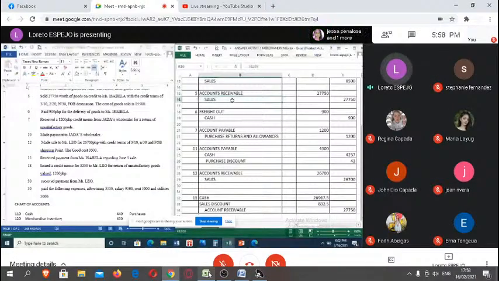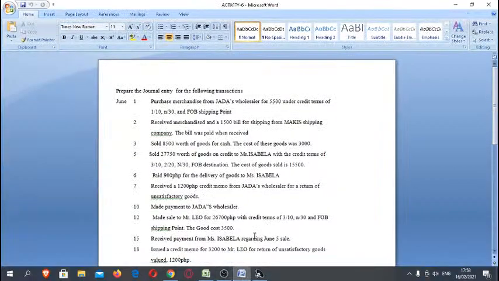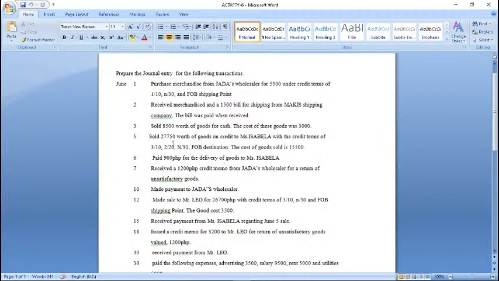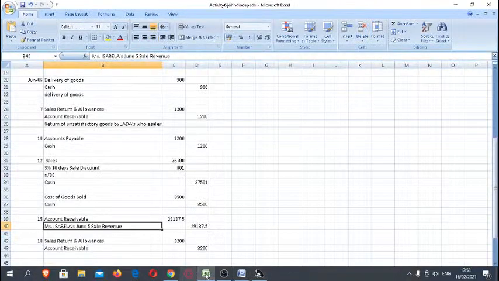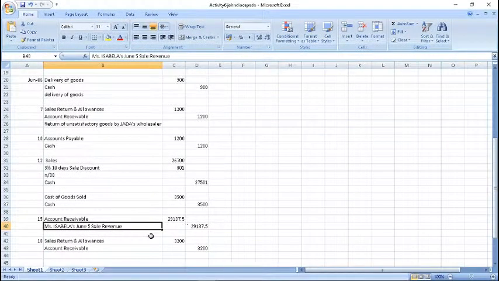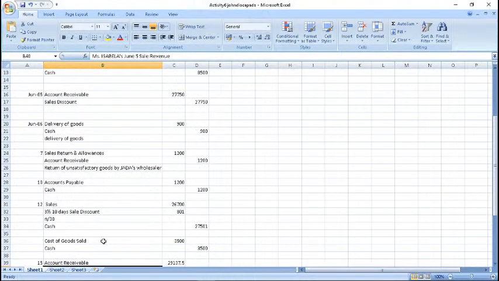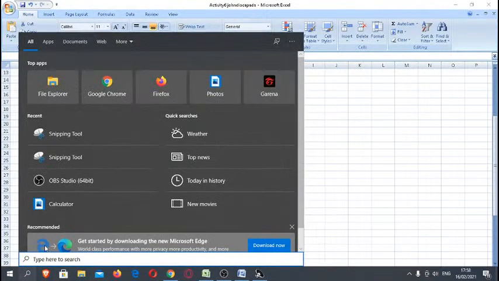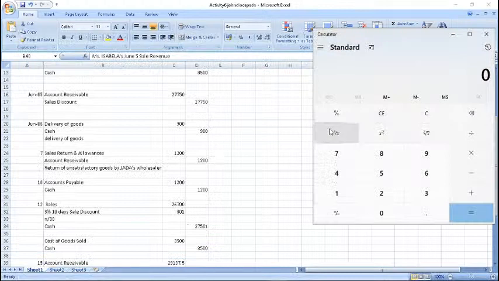So pag yung customer mo nakabayad na sa'yo, ano mangyayari sa accounts receivable? Siyempre, mawawala, di ba? So ilalagay mo ngayon sa credit side. That's why, nakikita nyo dito, credit accounts receivable 27,750. Ngayon, yung debit.